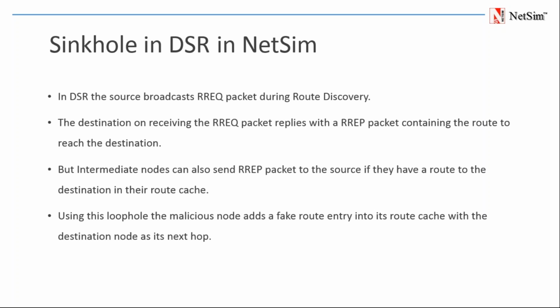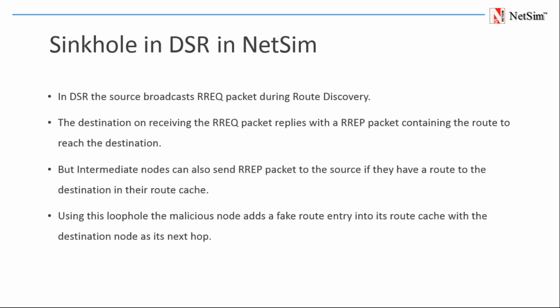So in DSR, you must know about RREQ and RREP, route request and route reply. The route request is sent from the source during the route discovery, and the destination end sends the route reply, RREP, containing the route to reach the destination.